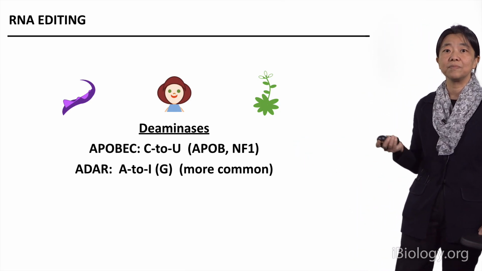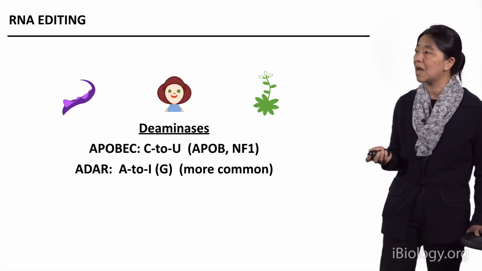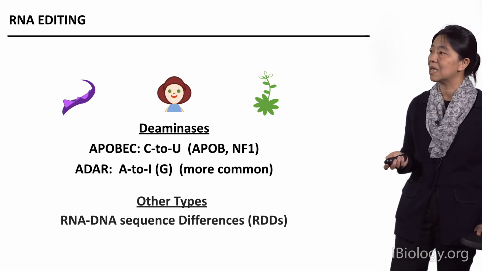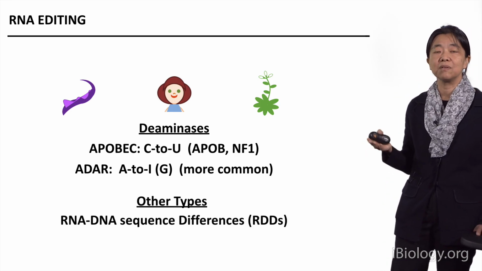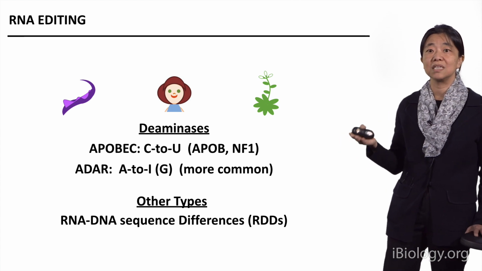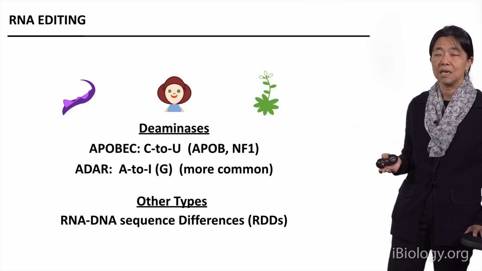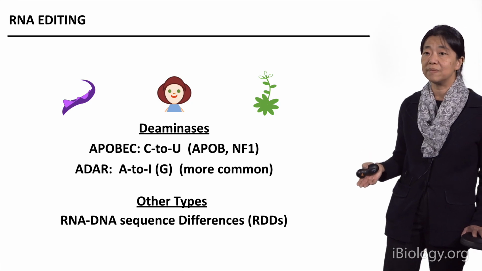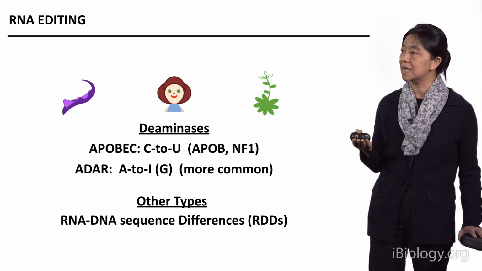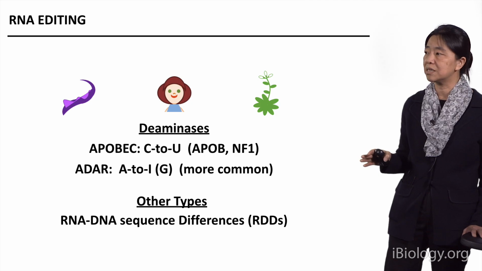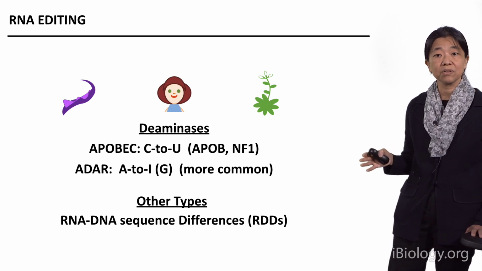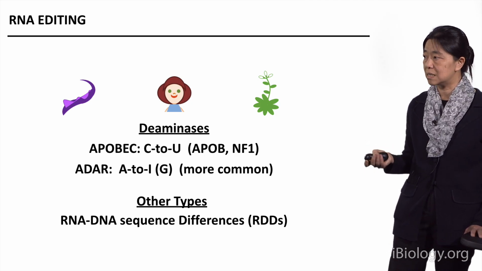Beyond these two types of deaminases, what our group has identified recently is that there are other ways in which the RNA sequences can differ from the underlying DNA. Since these are not driven by these deaminases, we just descriptively call these RNA-DNA sequence differences, or RDDs.